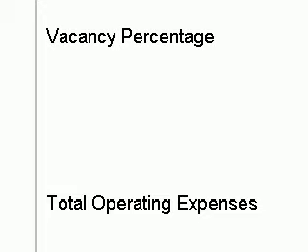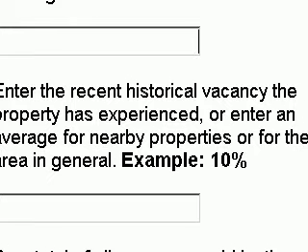If, however, rental properties are having a hard time staying rented, people are moving out and it takes a while for you to get new renters in there, your vacancy percentage will be higher. For our example, we're going to go with 10%.